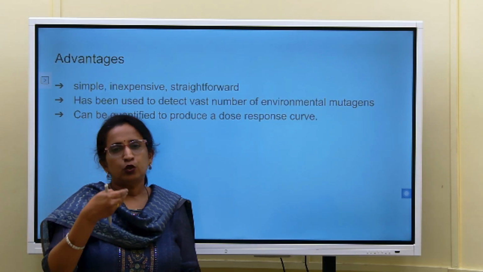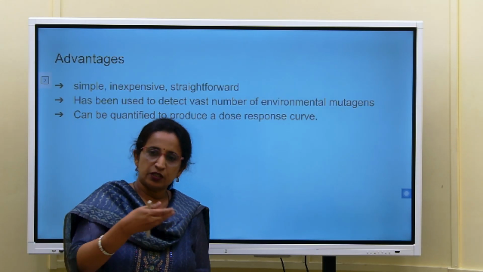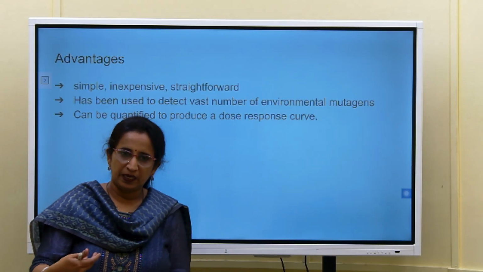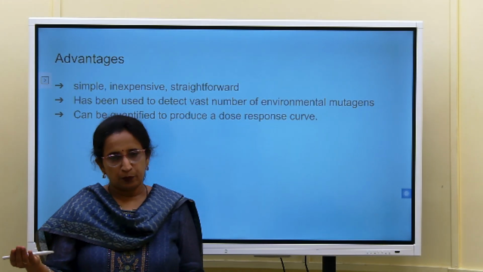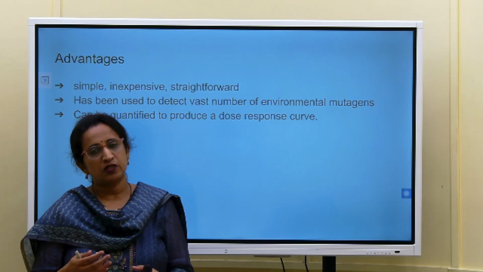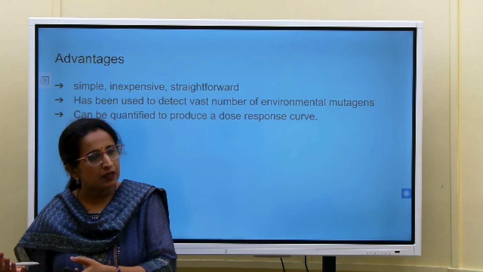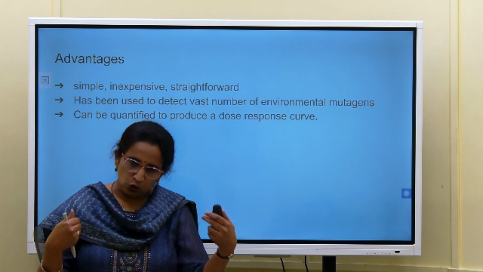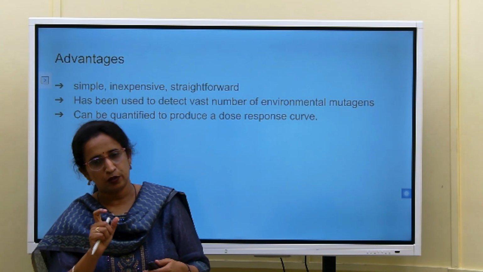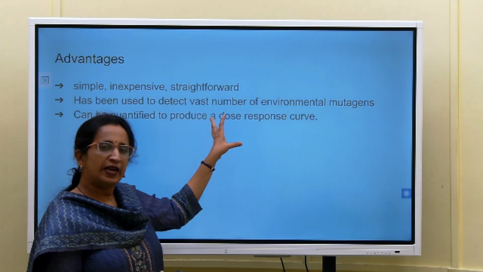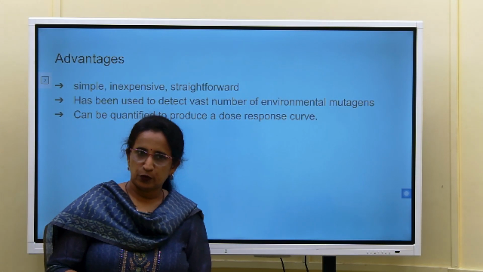That is, one can put different concentrations of that chemical on the plate, the zone diameter can be measured, and a graph can be plotted. So you get a quantitative response. If the amount of chemical is more, the zone diameter of the growth will be more, and if the amount is small, you will get a small zone diameter. So it can be modified slightly to get a dose response curve.